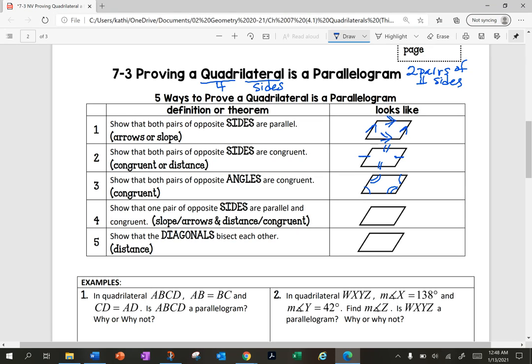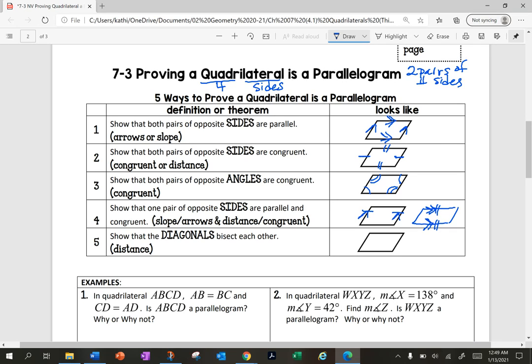I can also show that one pair of opposite sides are parallel and congruent. So I can either show that this side is parallel and congruent, or I could show that this side is parallel and congruent. It doesn't matter, but one side that's both parallel and congruent.